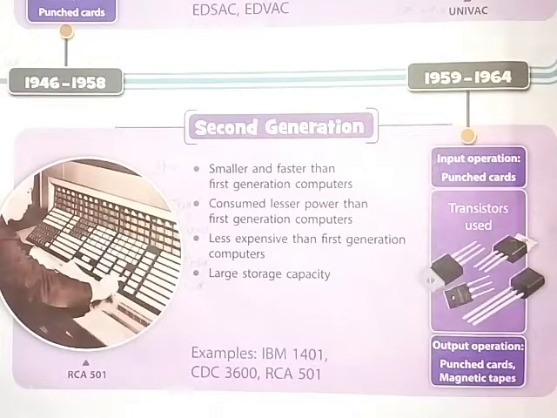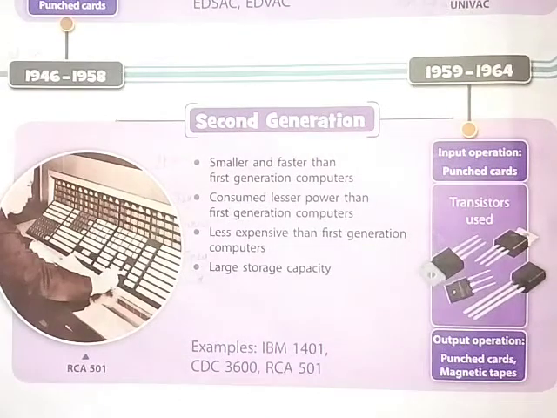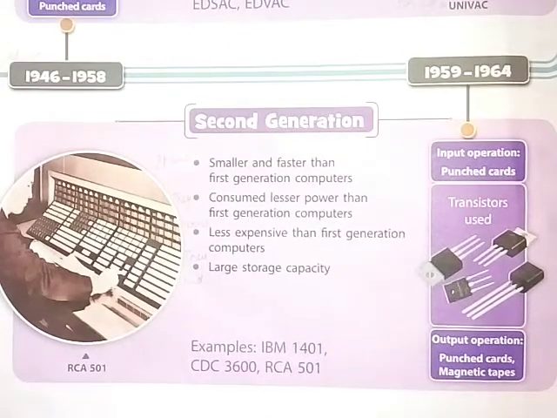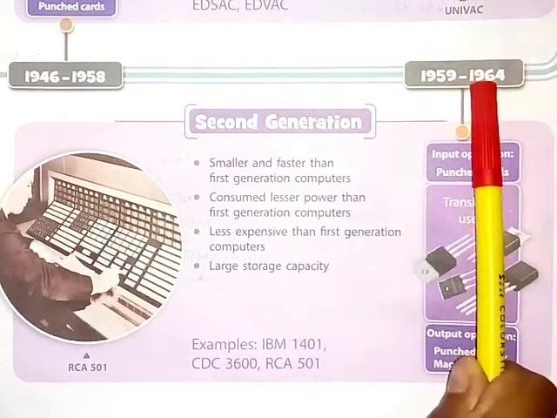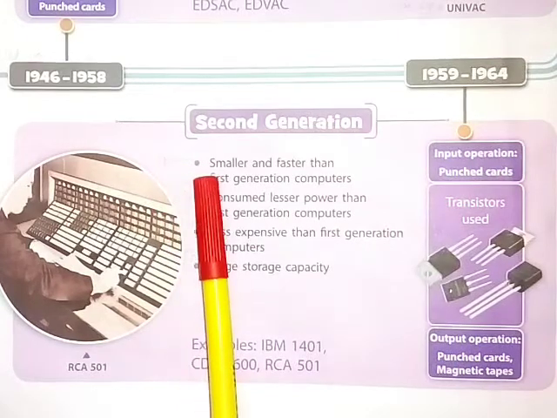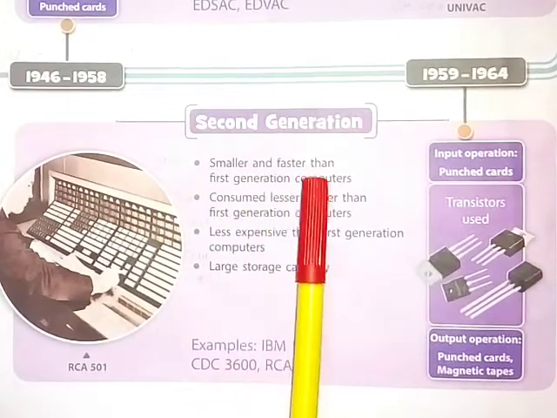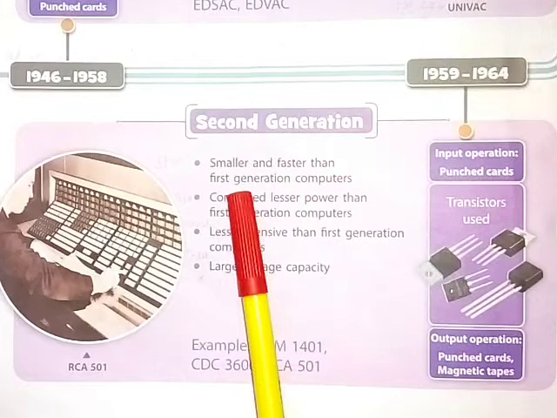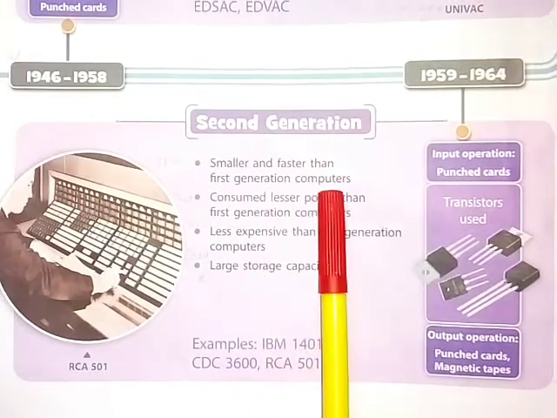Second generation. Computers started in 1959 and ended in 1964. It was smaller and faster than first generation computers.